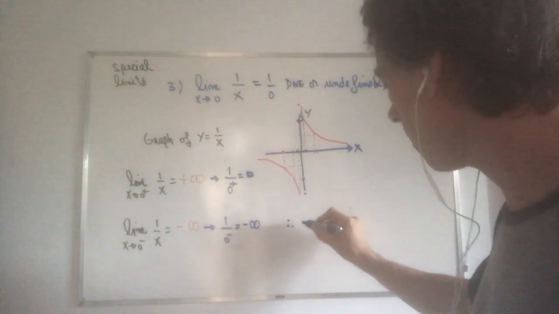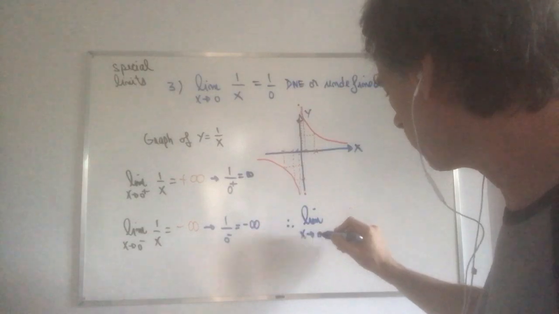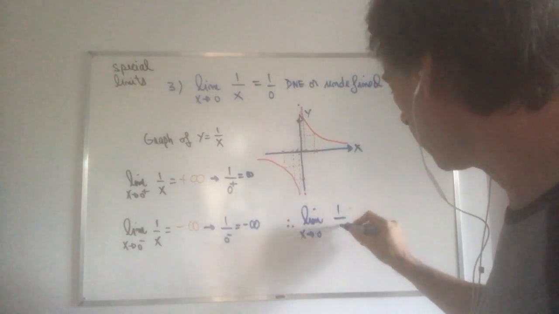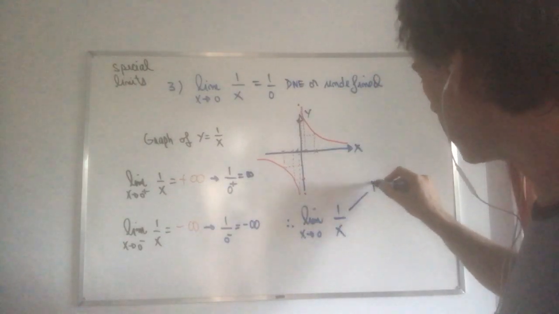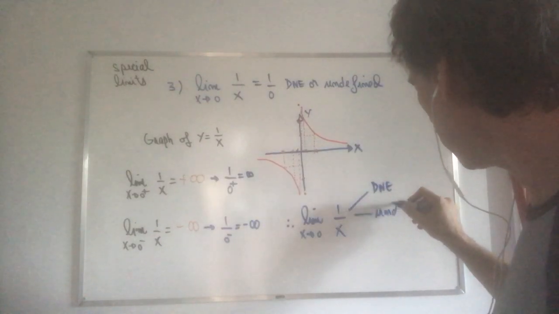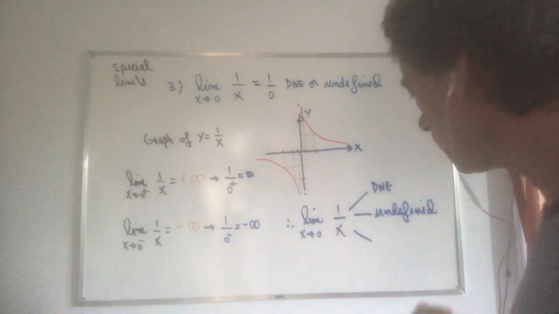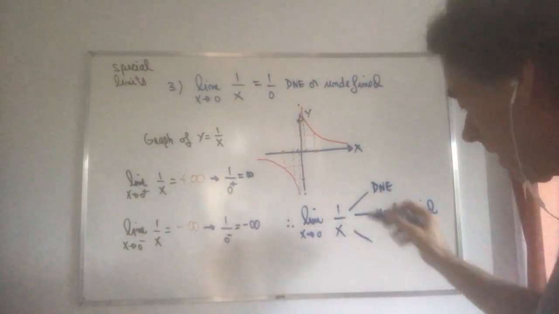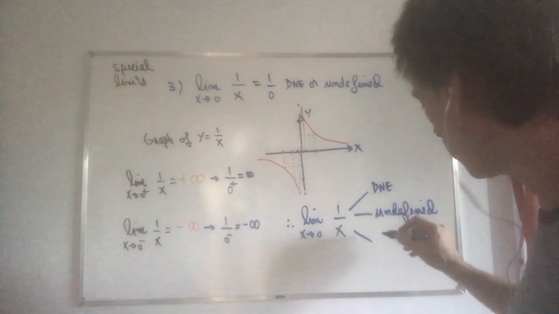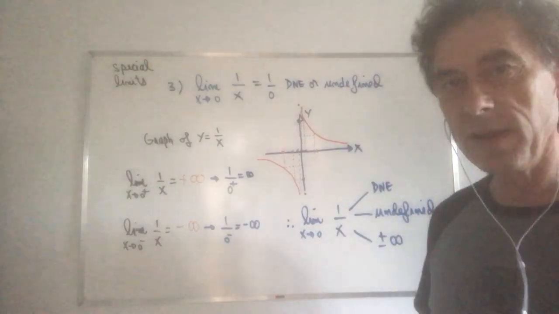So the bottom line is that the limit as x approaches 0 of 1 over x can be said not to exist, can be said to be undefined, and can also be said to be, again, depending on which side you approach, plus or minus infinity.